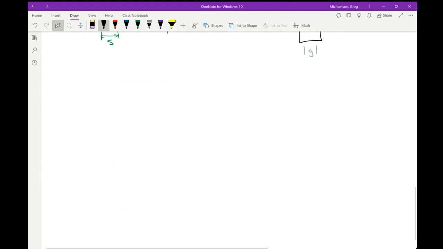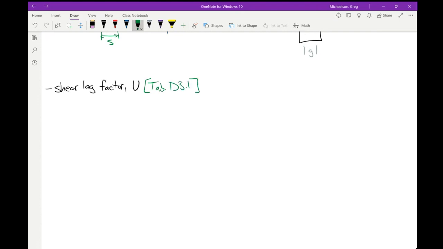Now, remember I said that the two challenges really with tension member analysis, if you're not considering slenderness or whatnot, are the net area and the shear lag factor. Before we get into that, first off, the shear lag factor is in Table D3.1, and remember, the trick is to always read the cases, okay?